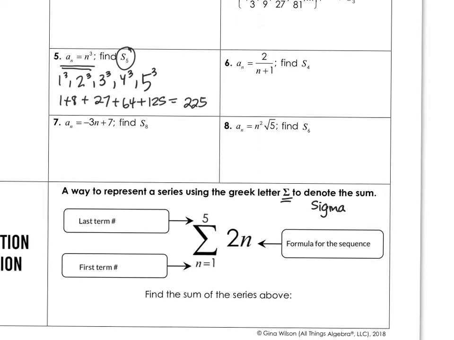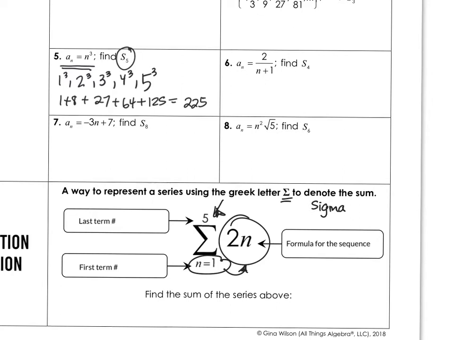The number on the top is your last term number. And the formula is the formula for the sequence. You plug in n equals 1 first to get the first term, and keep going through every number until you get to the one at the top, and then you add them all up.